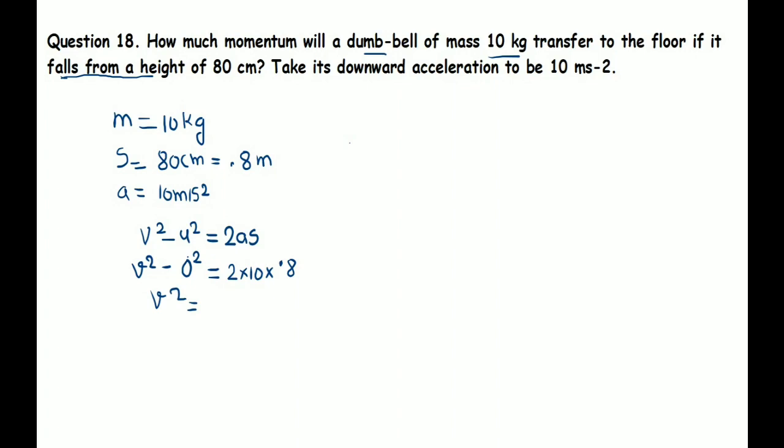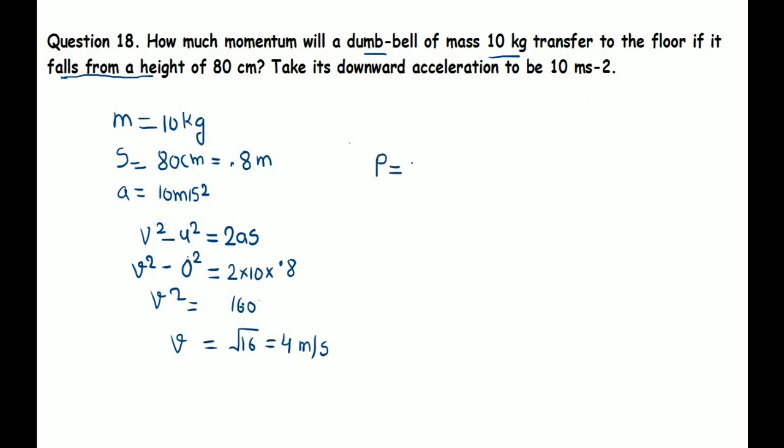Okay, so it will become v square is equal to 2 times 10 times 0.8, which is 16. We will not apply the unit there because v is on the left hand side. Now solving this 16, we will get the final velocity of 4 meter per second.